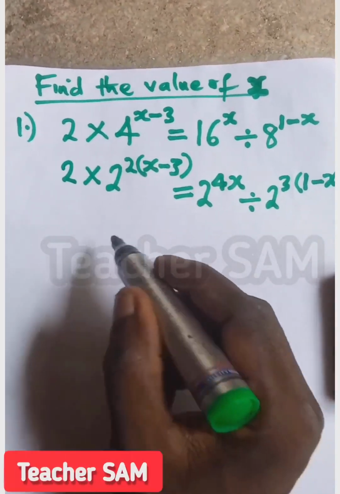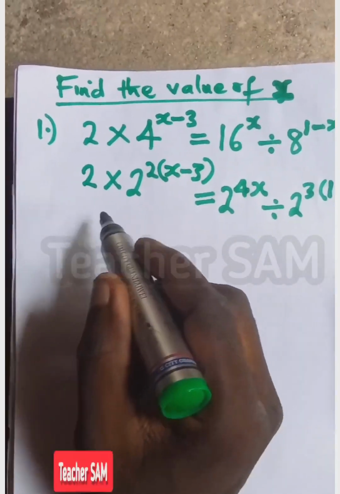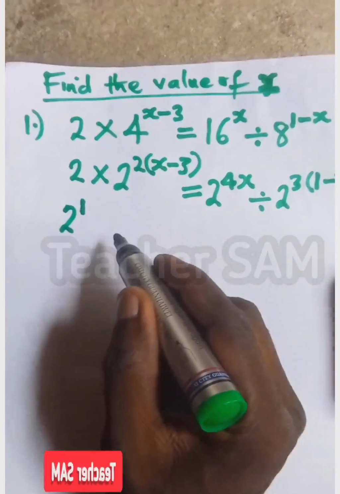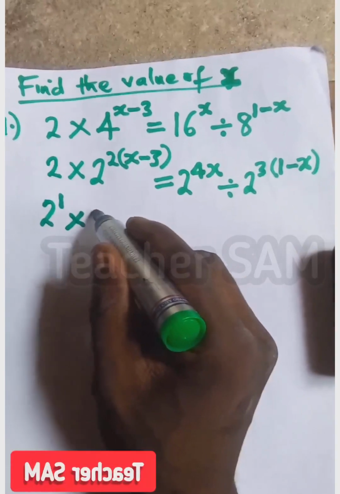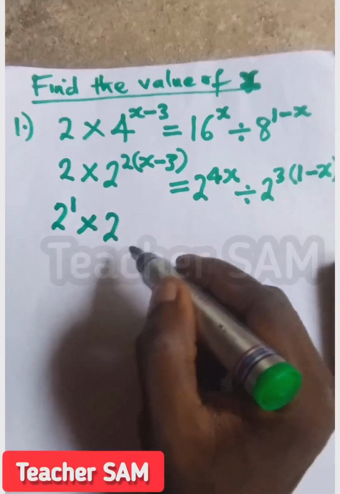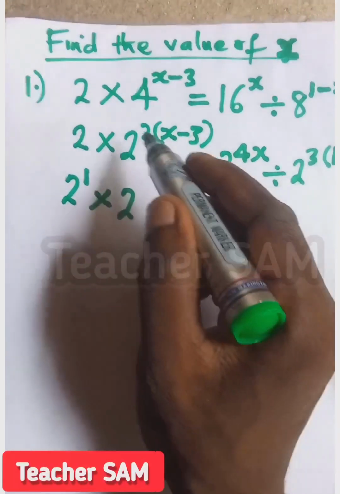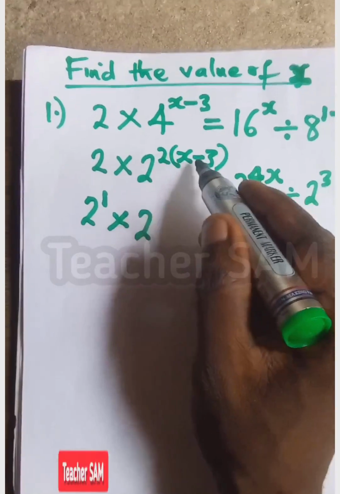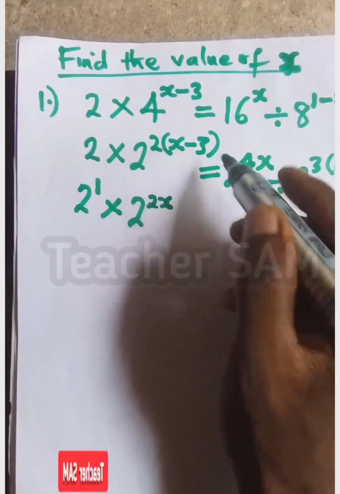Now let's clear the brackets. Remember, this 2 is the same as 2 raised to the power 1. Let me just indicate that for simplicity's sake: 2 raised to the power 1 times 2 raised to the power. So let's clear these brackets. We use 2 to clear this. 2 times x is 2x. Remember, I use what is outside to clear the bracket inside.